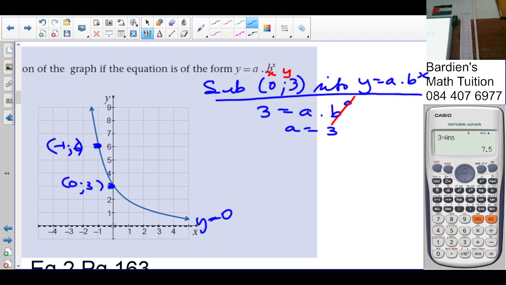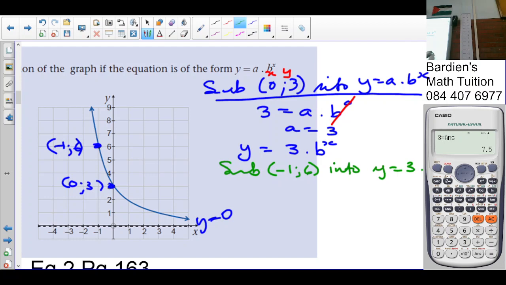Okay. So my equation now reads y is equal to 3 times b to the x. Not so? So what do I do now? Now we're going to substitute negative 1 and 6 into y equals 3 times b to the x.